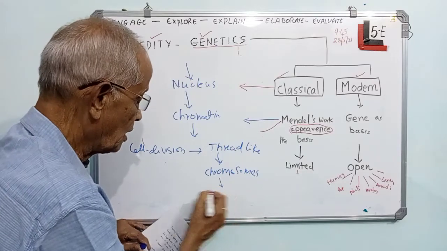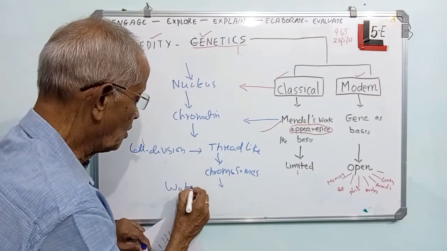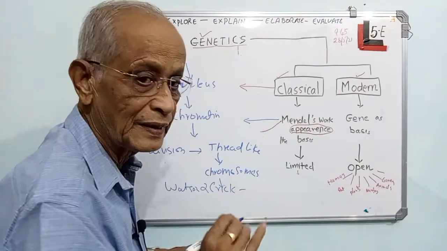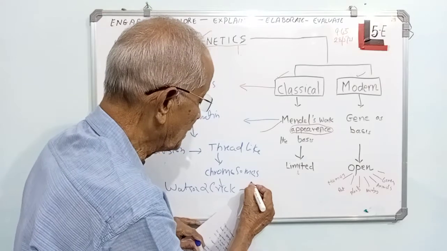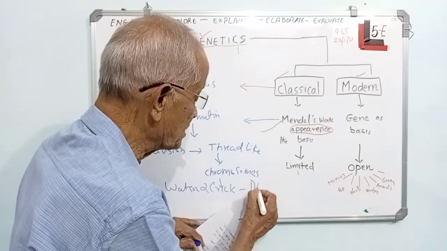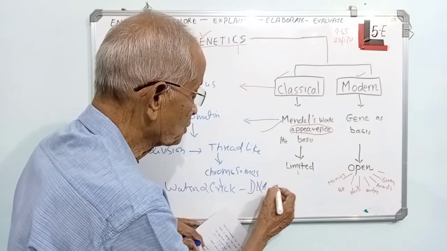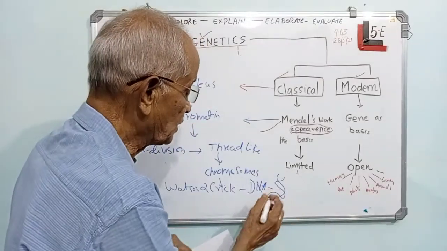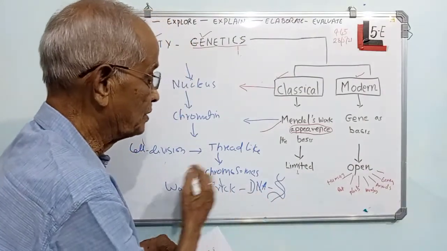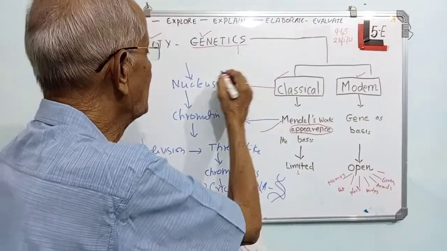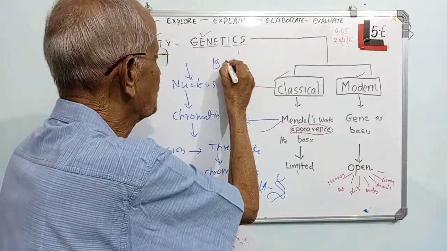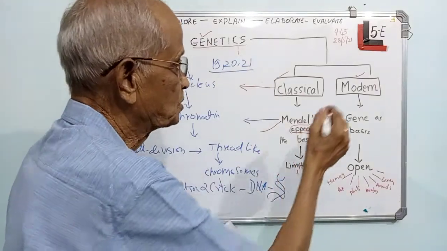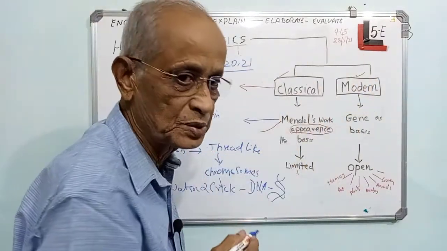At the same time, Watson and Crick did a lot of work, and they explained that the material inside the nucleus is DNA, and that DNA looks like a double helix. So this information all came during the 19th century, 20th century, and the 21st century. Today we have what's called the modern genetics.